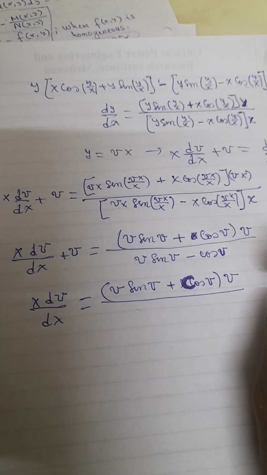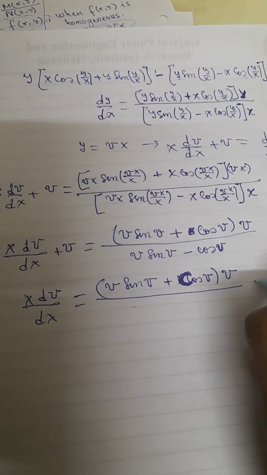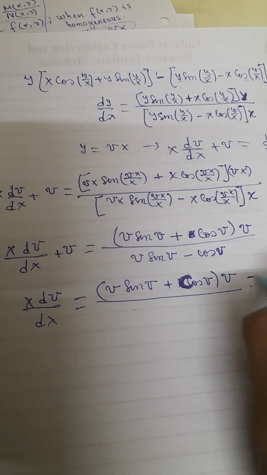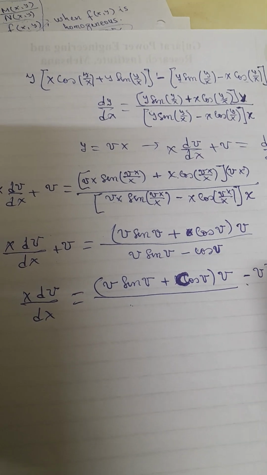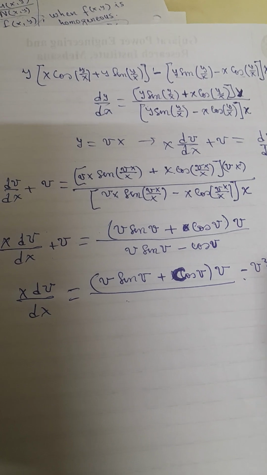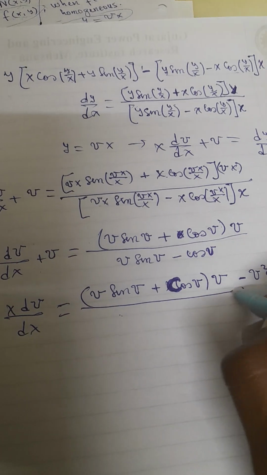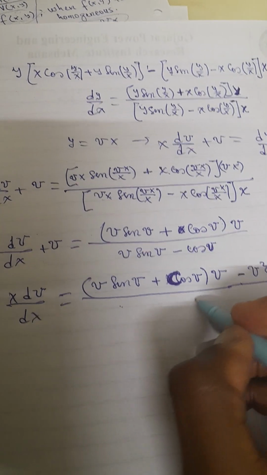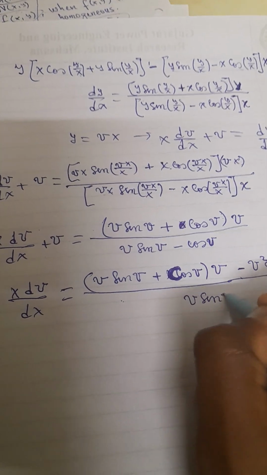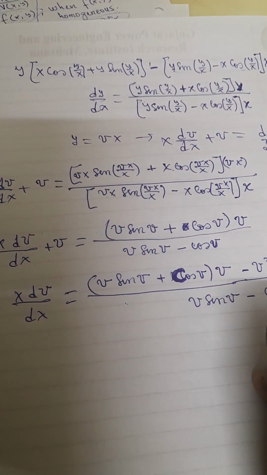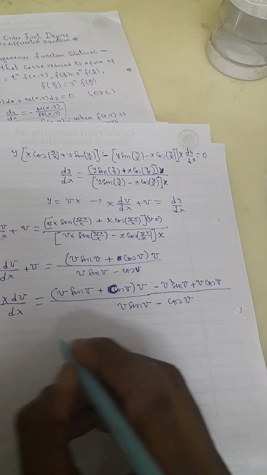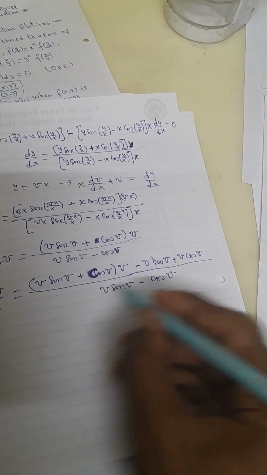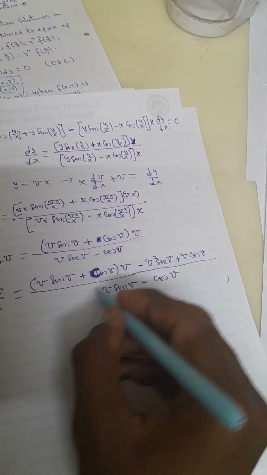So when you call this guy out, what will happen? This will be minus v square sine v and plus v cos of v, all upon v sine of v minus cos of v. Is that okay? Now it's fine. It looks long, but we are going to simplify and make it easier.